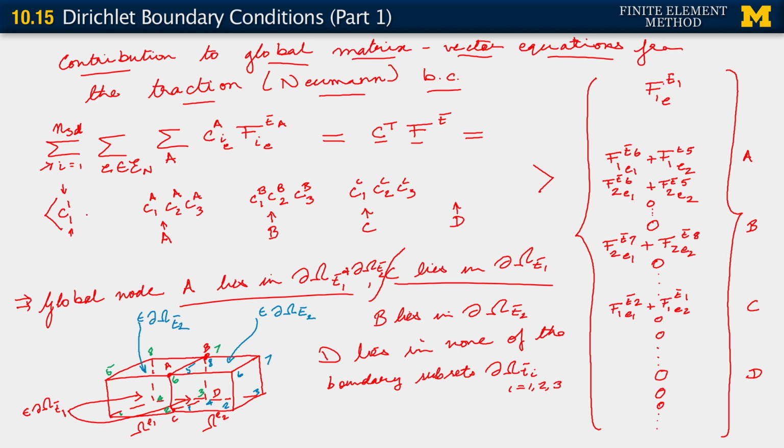Hopefully this process has given us some idea of how to construct this global traction force vector. This is what we are calling it, Ft bar.